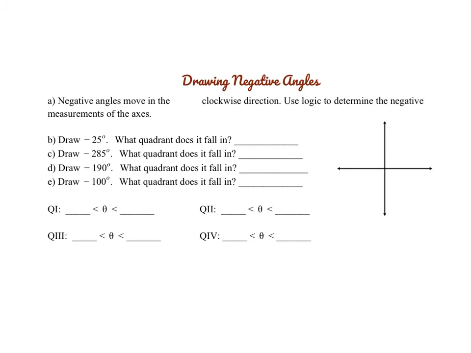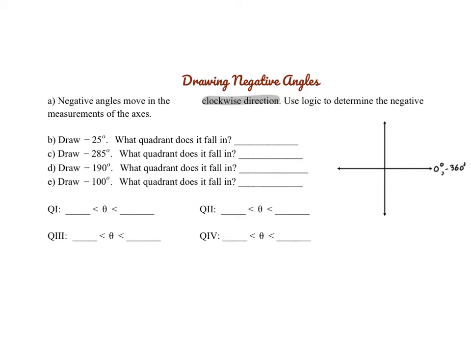All right, so now we're going to try drawing some more angles, but this time they're going to be negative angles. I want to remind you that negative angles act the same way, except this time they're going to move in the clockwise direction. So they move in the opposite direction. Let's see if we can do the same thing with logic and figure out the measurement of our axes with negative measurements. 0 is still going to be on that positive x-axis, and a full rotation is still going to be 360 degrees, but we'll call it negative 360 degrees.